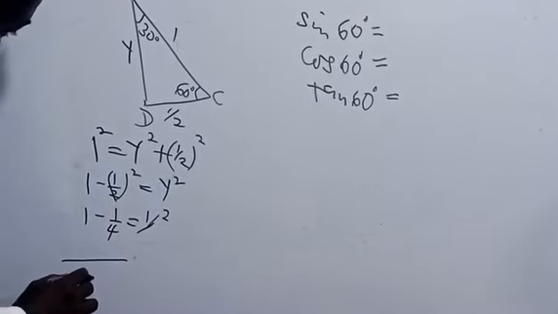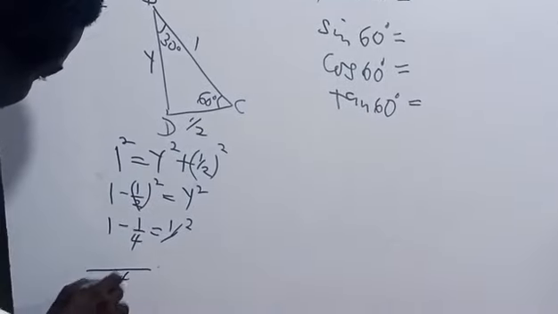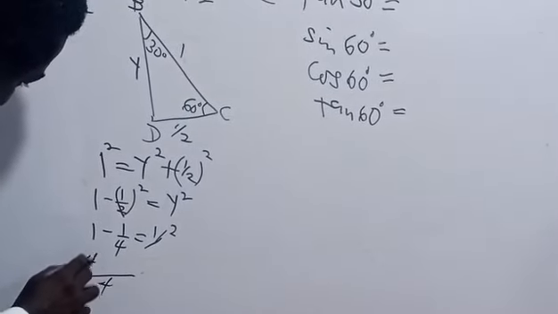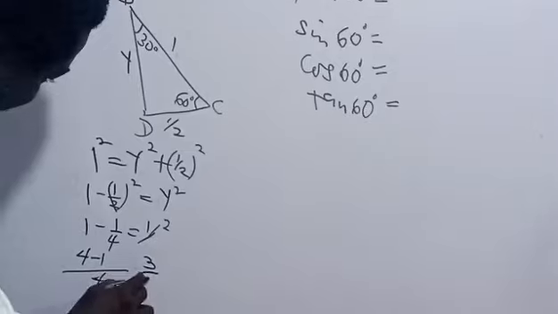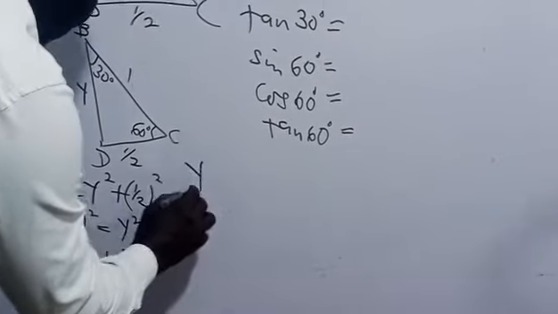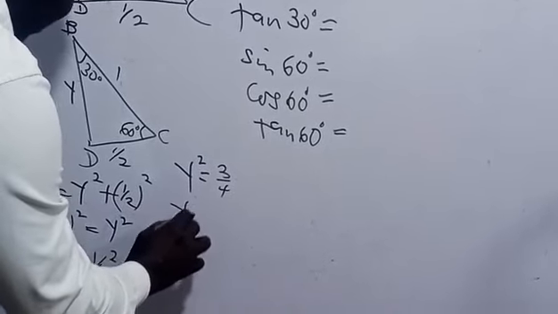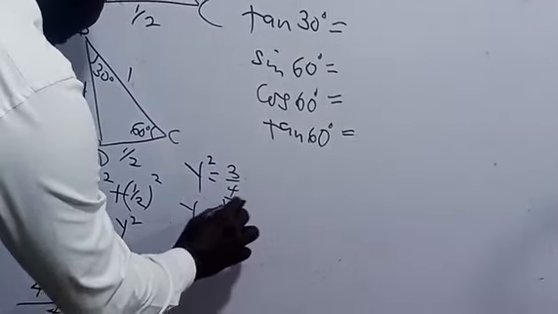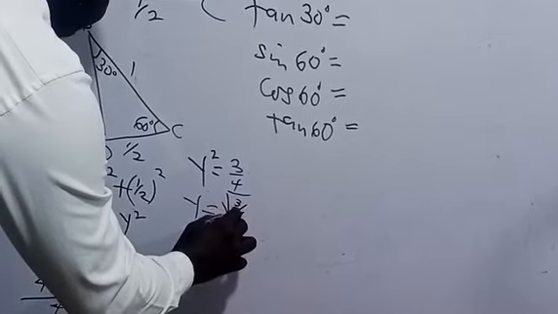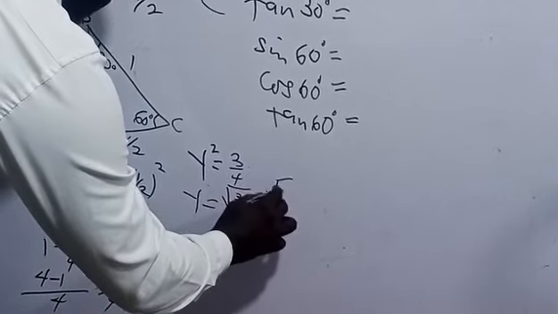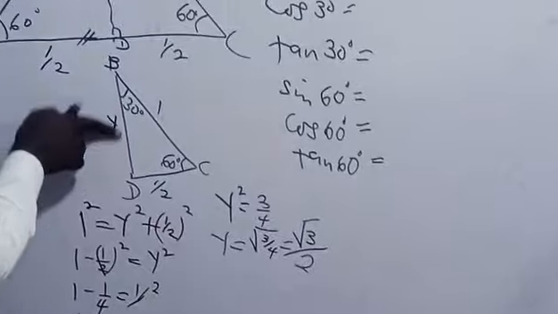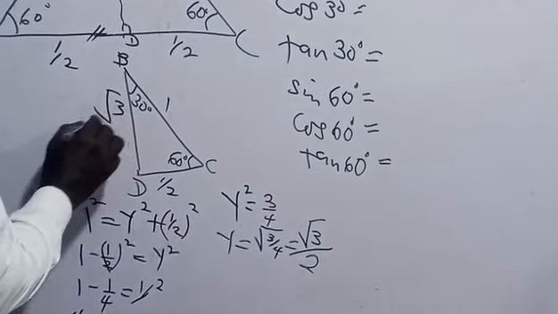If you find the LCM, which is 4, it will be 4 minus 1, which is 3 over 4. So y squared is 3 over 4, and y is root 3 over 2. So this place is now root 3 over 2.